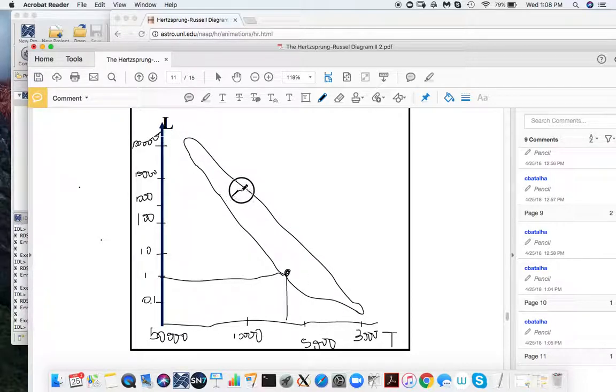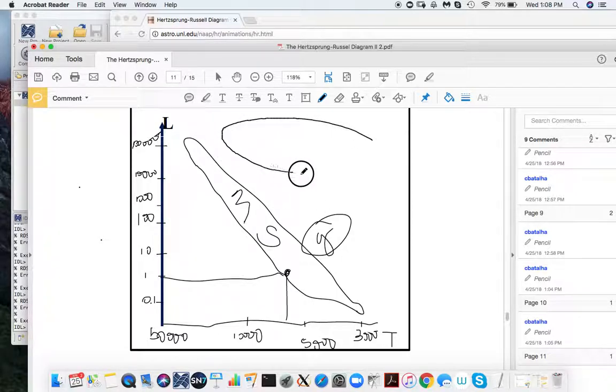And then you call it, it looks like a Santa Cruz slug. Main sequence. And then you have the giant sequence right here. We have the super duper giant right there. And down here we have the white dwarfs. That's it, right? Then you know what's going on.